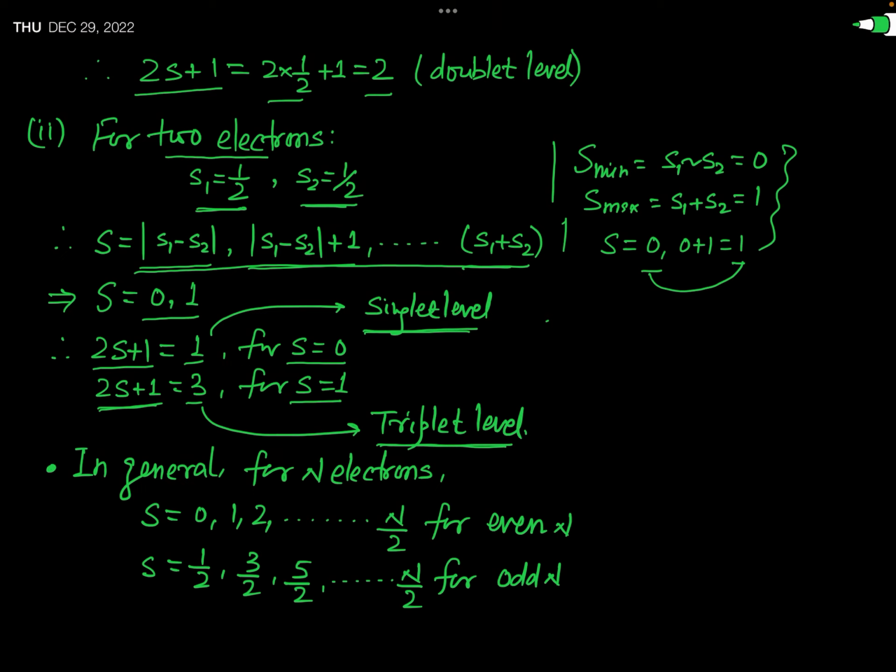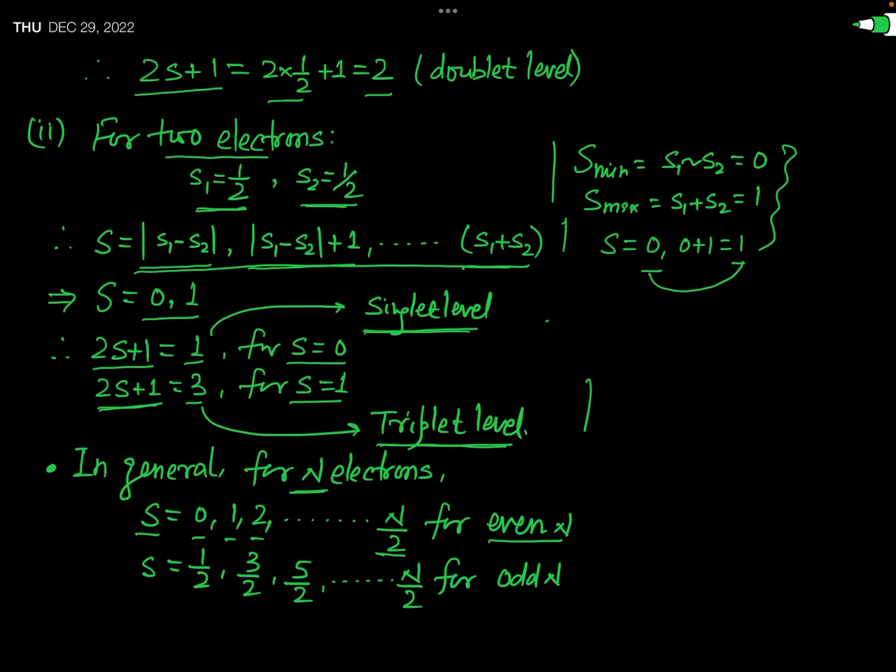In fact, the number of optical electrons will be either an even number or an odd number. If the number of electrons is even, let us say n is the number of electrons and n is even, then definitely S will have the following values. S will be 0, 1, 2, and so on, up to n by 2.